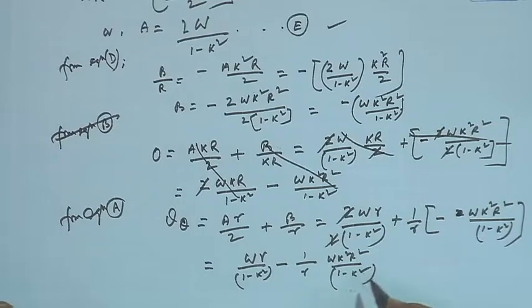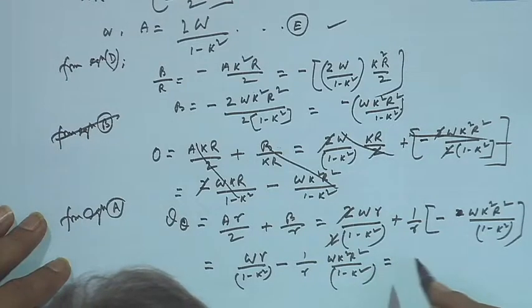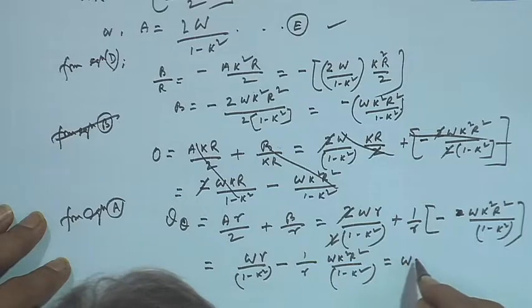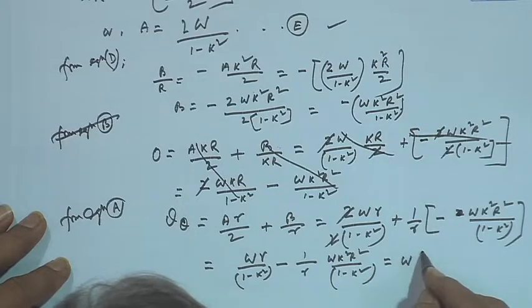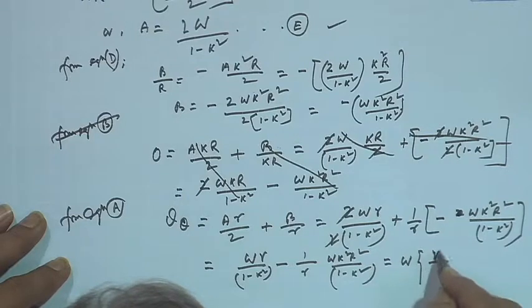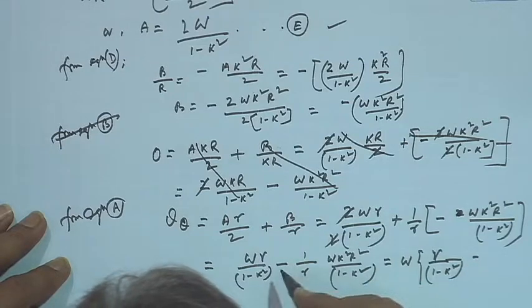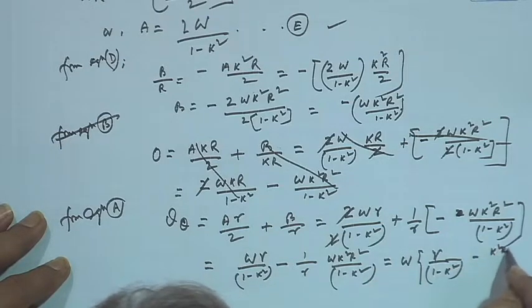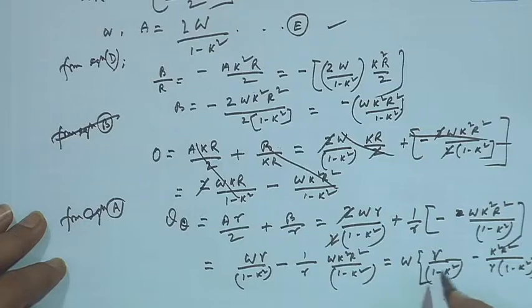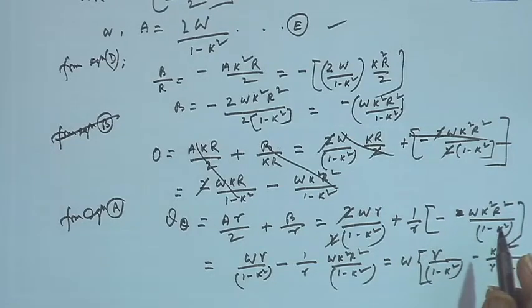So, this is the v theta, which of course we can further simplify as omega. If we take common, then r by 1 minus k square minus, omega is out, k square r square divided by r into 1 minus k square, right. So, this is the solution, right. So, if we look at it, then this should be the solution.